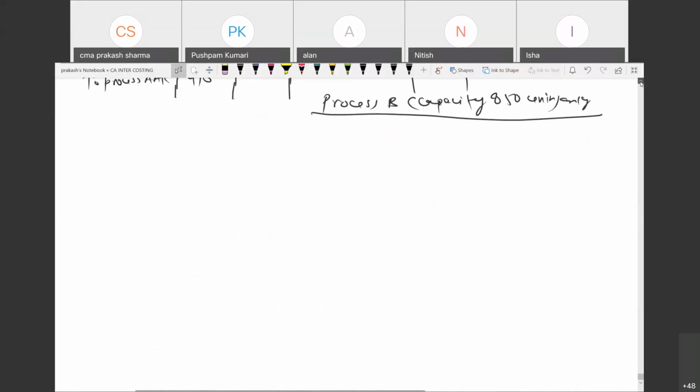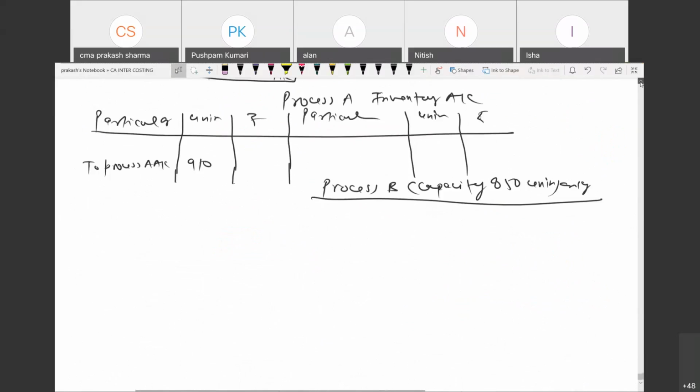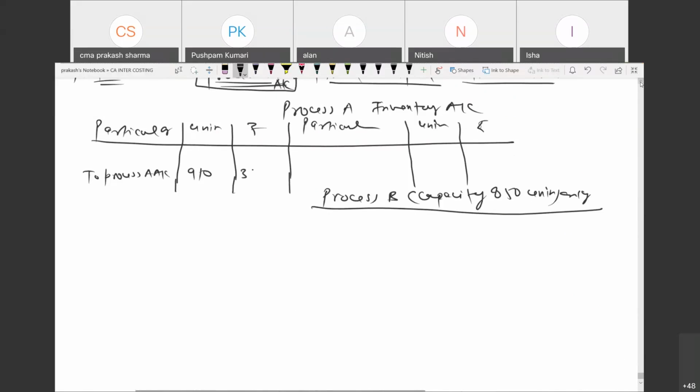Okay, let's come up a little bit in this also. 36,161 was actually received by us from process A, but we are not immediately transferring all the units to the next process. These units are taken into inventory known as process A inventory account. Also suppose we already have some opening balance from the previous period.